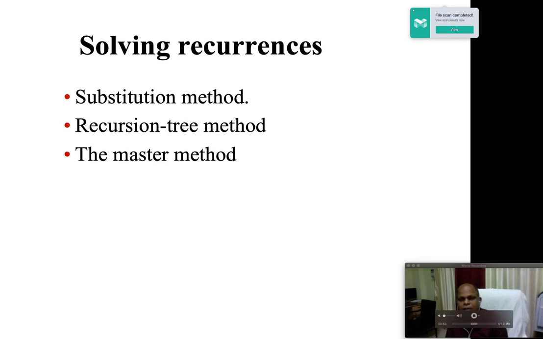In general, the recurrence relations are of the form T(n) = a T(n/b) + f(n). This type of recurrence relation you have seen.